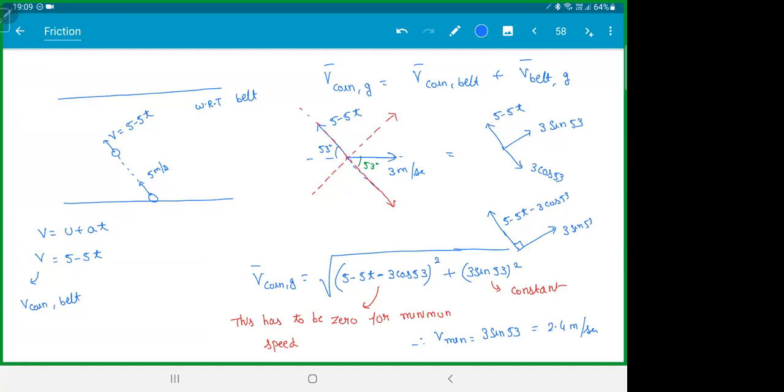It is going in the opposite direction. Why can't it go slower? If you're running on an escalator in the reverse direction, your speed is less than the ground speed. They'll subtract. So initially it will go slower and then the speed will again increase.